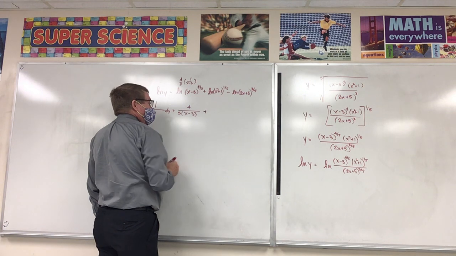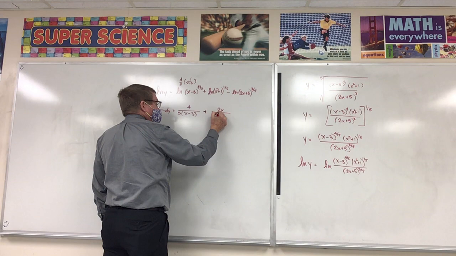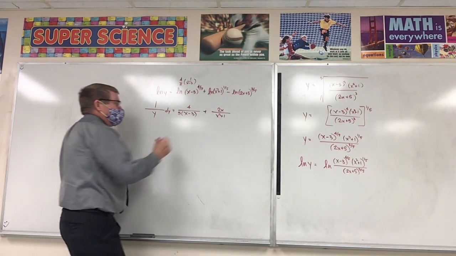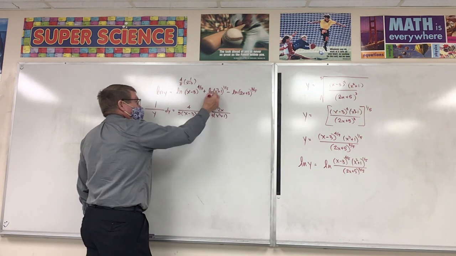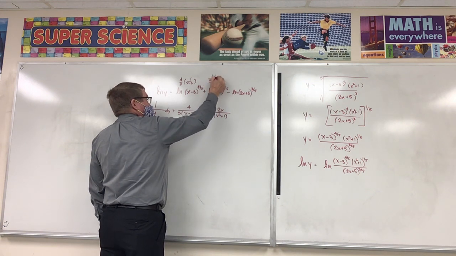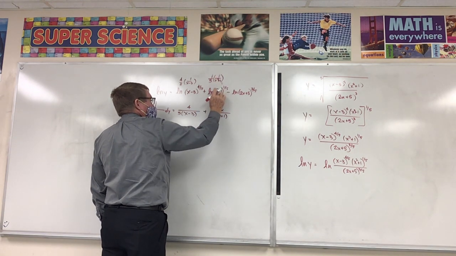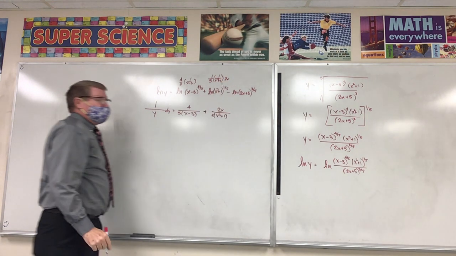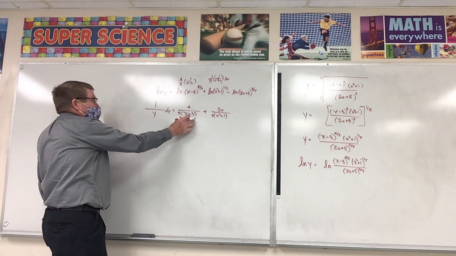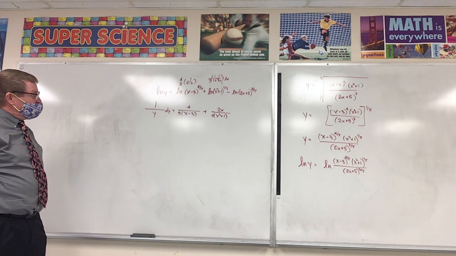Same thing here. Plus, this is going to be 2x over x squared plus 1, because again, we got a composite here, so it's going to be 1/5 times 1 over x squared plus 1, times the derivative of the inside, which is 2x. That first one, the 4 over 5 x minus 3, would that be to the negative 1/5?